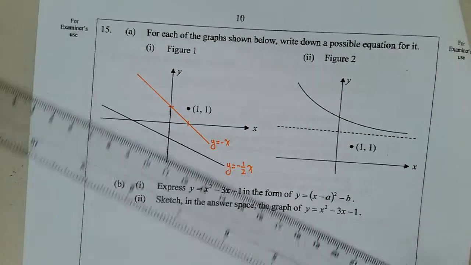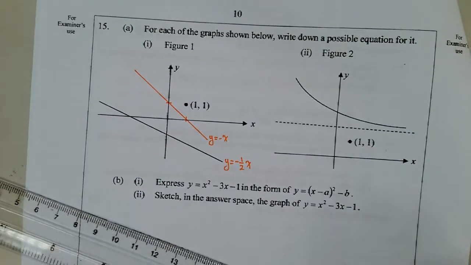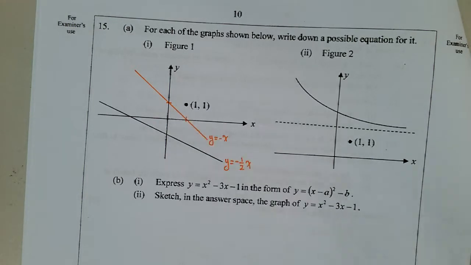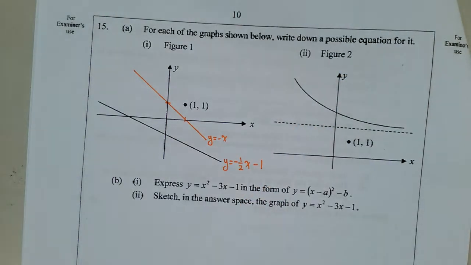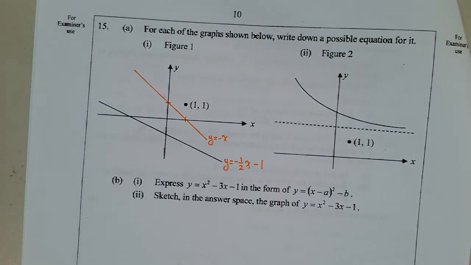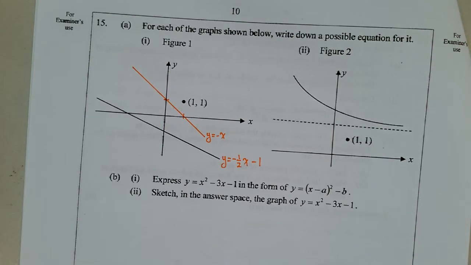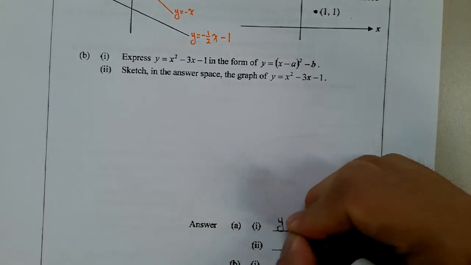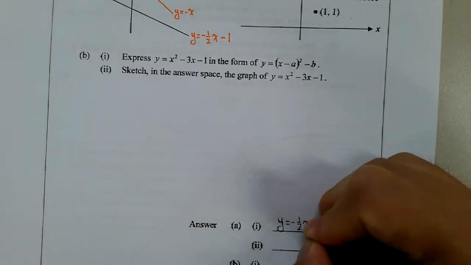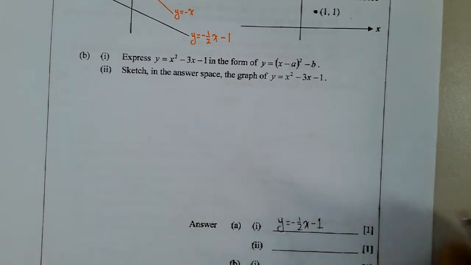So in this case it looks slightly about negative 1. So I'll say that here it is negative half x minus 1, which is a possible answer. There are many possible answers for 15a part 1, but this is one possible answer. So I write it down here, y equals negative half x minus 1.